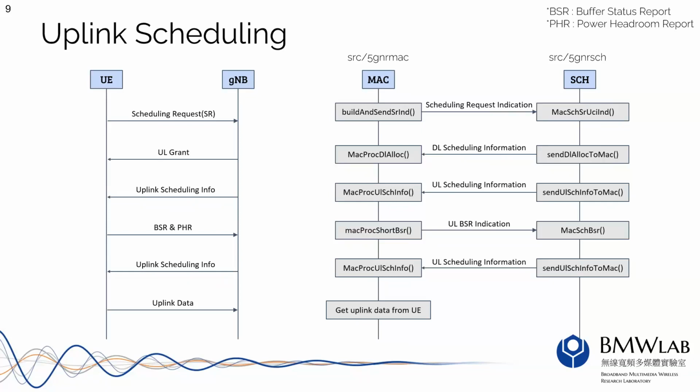It means the gNB has no idea how to allocate the resource to this UE. So the UE will transmit the BSR and PHR first. The BSR means the buffer status report, and it indicates the amount of data which the UE wants to transmit. And the PHR is the parameter regarding power control.